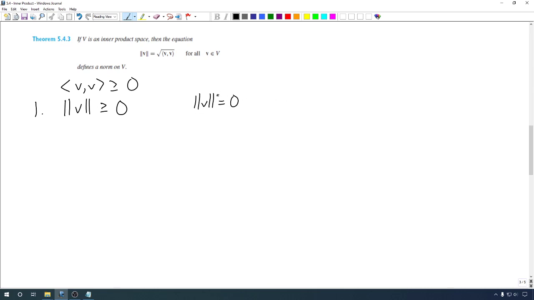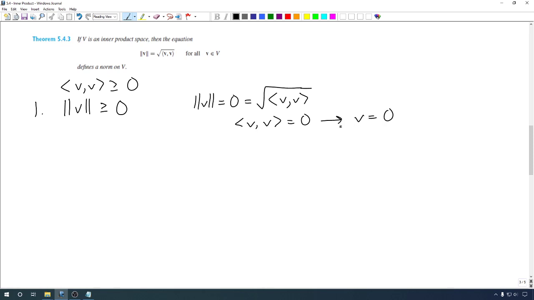But if the norm of v is 0, the norm of v being the square root of the inner product of v with itself, well, that just means that the inner product of v with v equals 0. And so, that's one of our properties from inner product, which says that if the inner product of a vector with itself is 0, that vector is a 0 vector.